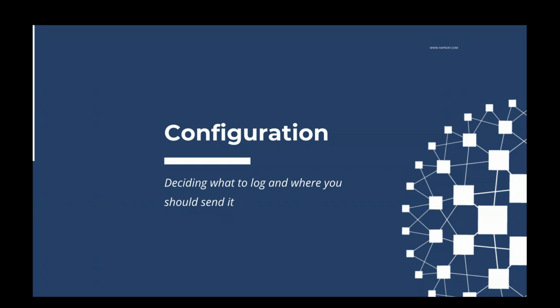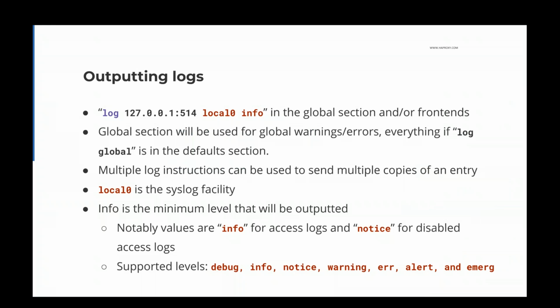So next we will get into the configuration of individual logs. I'm not going to go into extreme detail here because a lot of this is stuff you end up looking up in the documentation later anyway, and it is more important to focus on the bigger picture, but there are a few important notes to be made in this regard. The first is the log statement.